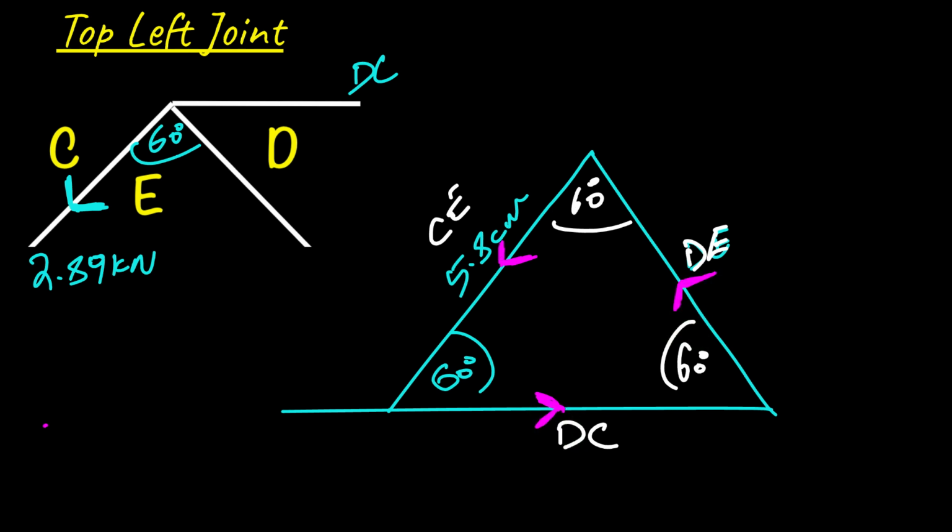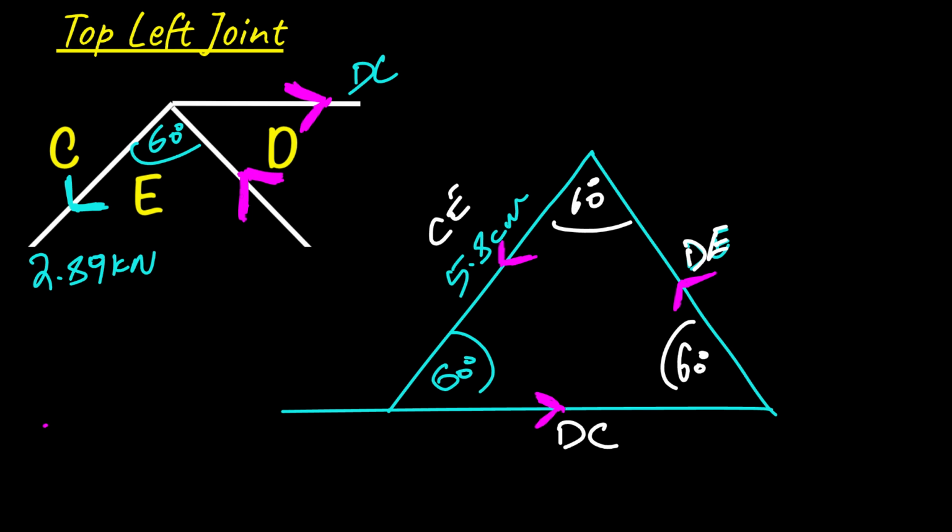For DC, notice that this one, it's going away from the joint, like so. So DC going away from the joint. But when we get to DE, this arrow will be heading in that direction, so it's going towards the joint. And from what we have done at the start, you will know now what's tensile or what's positive here.